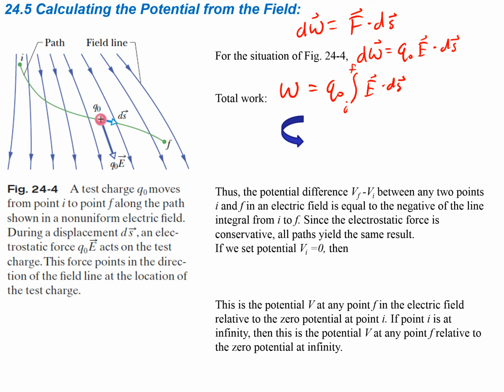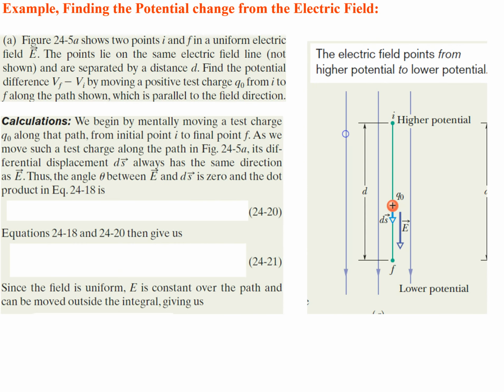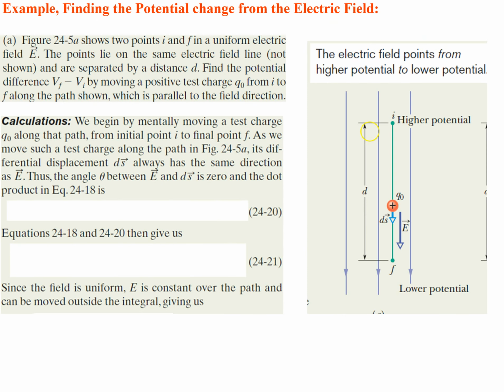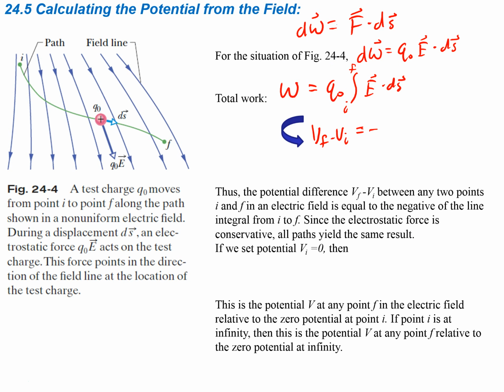So we can just rewrite this as our change in electric potential is equal to the negative integral from I to F of E dot ds.